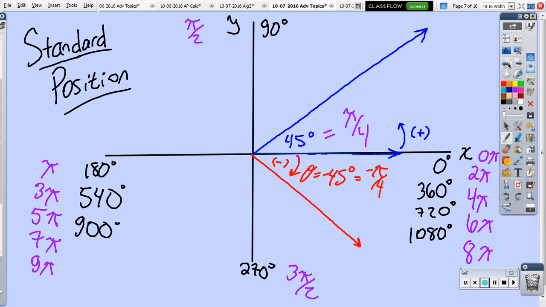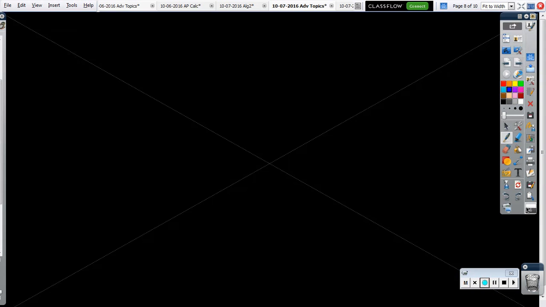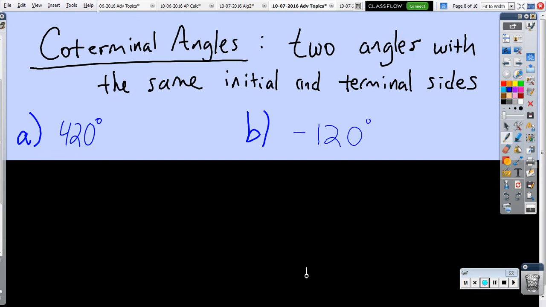All right. Now try this one. Try a coterminal angle to negative 120 that's positive but less than 360. There are two ways to think about it.